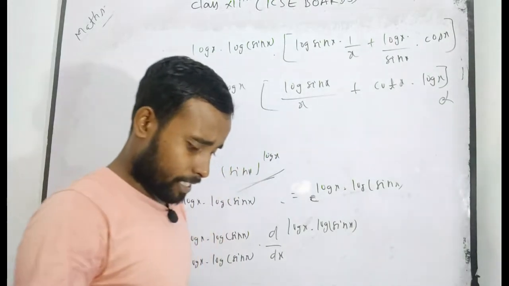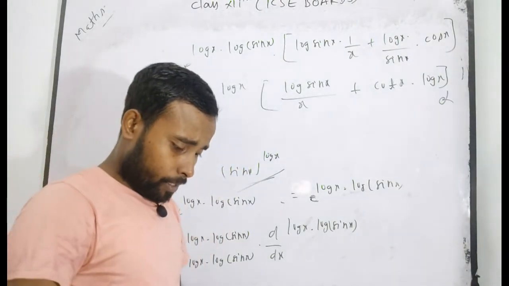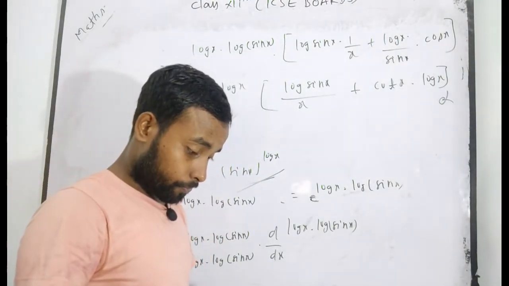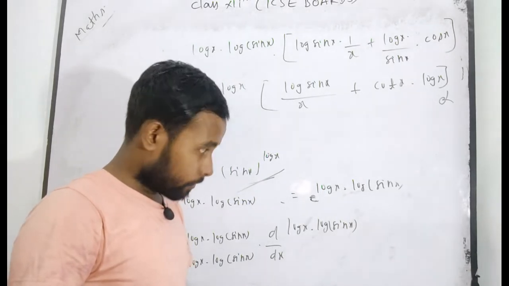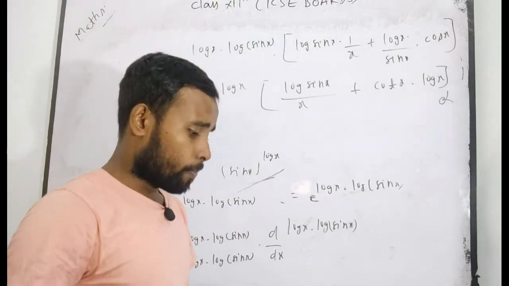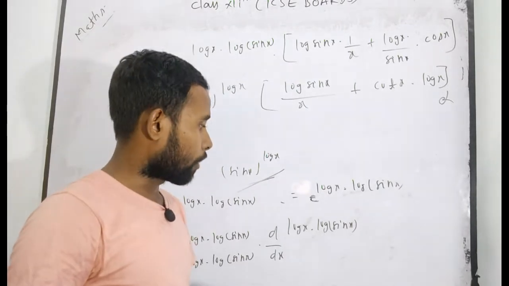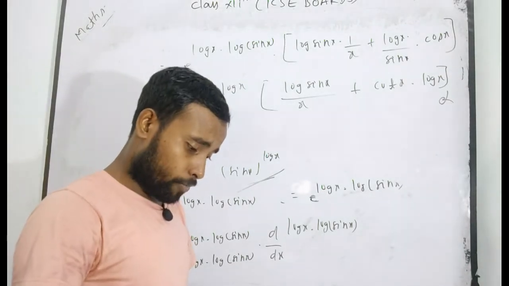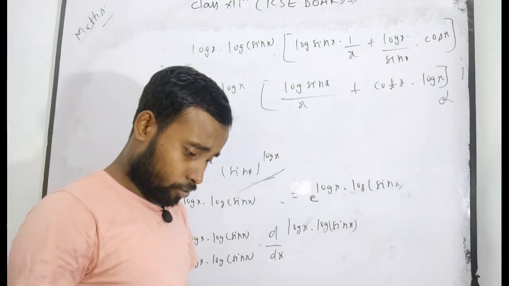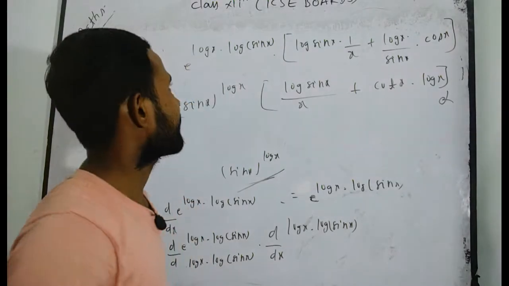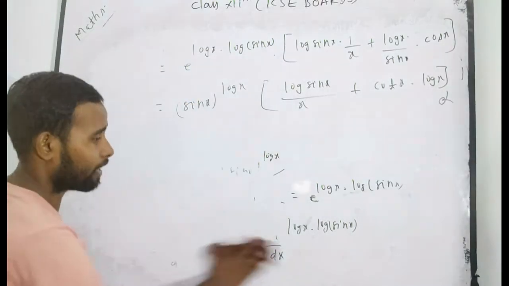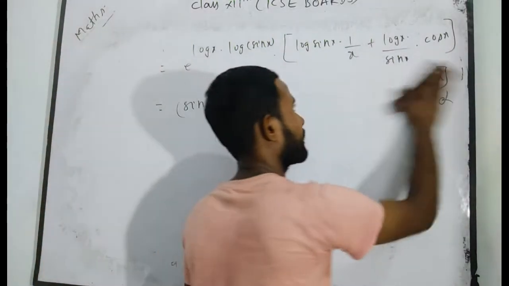I think you understand very well. Now I will give you the next problem. The third question is similar, only differing by log x in place of sin x. It has given sin to the power log x, and in place of sin x it has given log x.